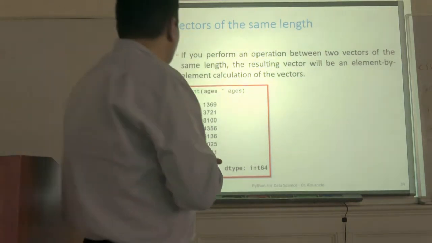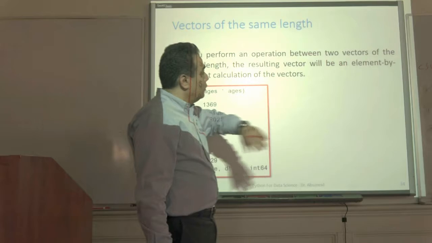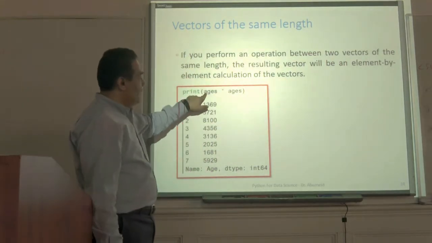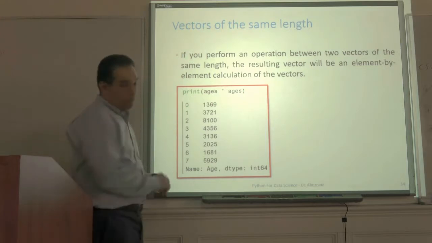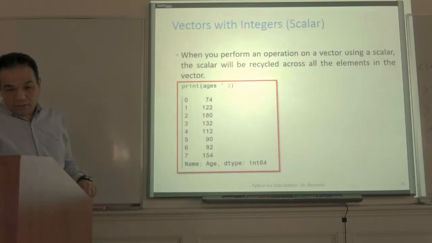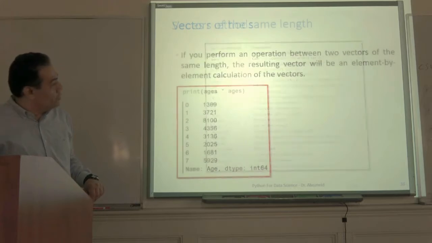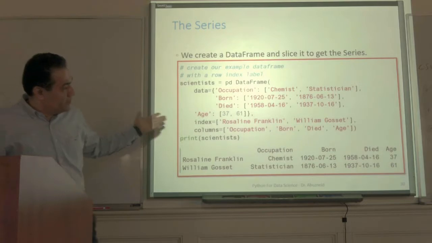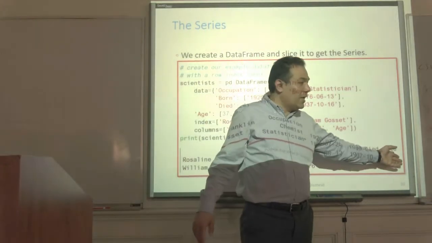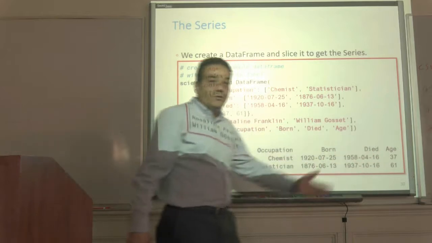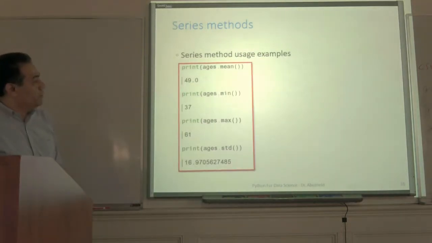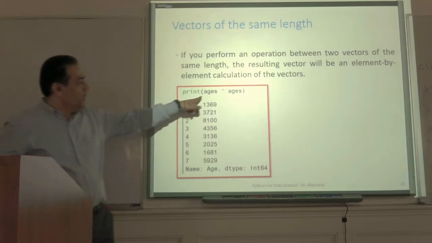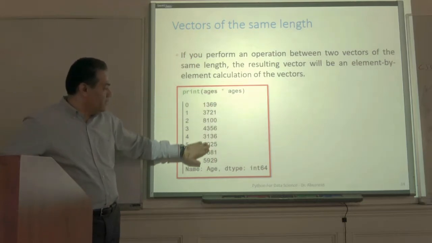The resulting vector will be an element by element calculation. So in here, what are the ages I have? 37 times 37, and then, for example, 61 by 61. That's what it does. It multiplies the first element with the first, saves it here, and so on.